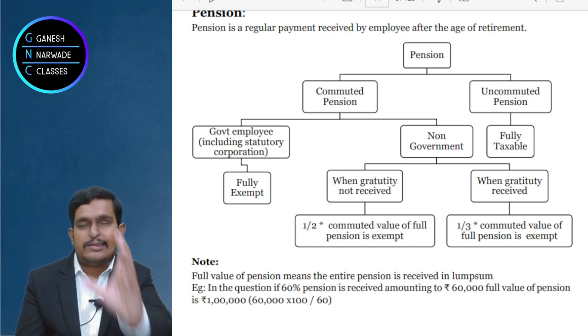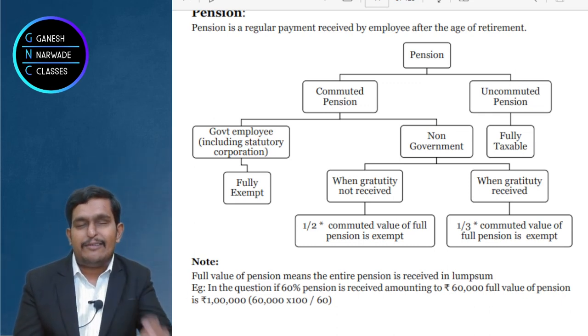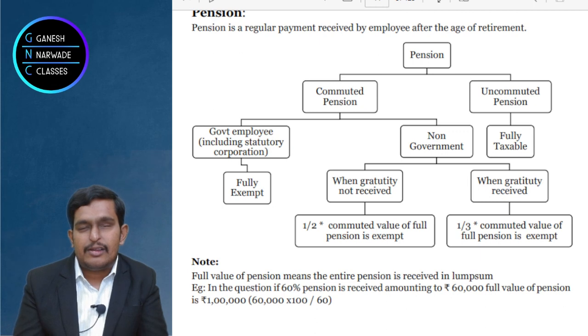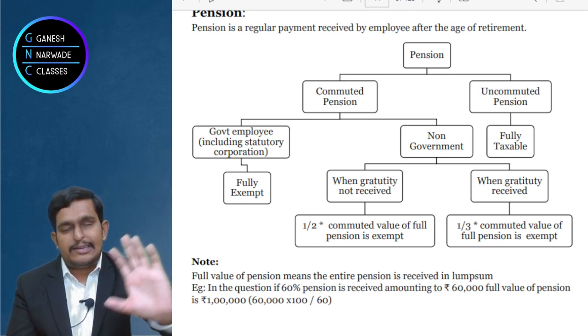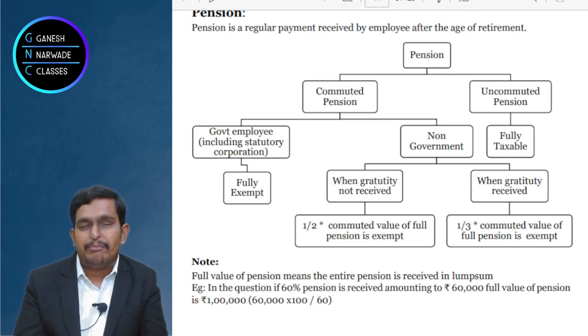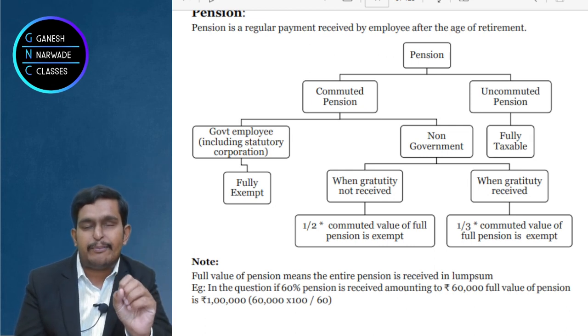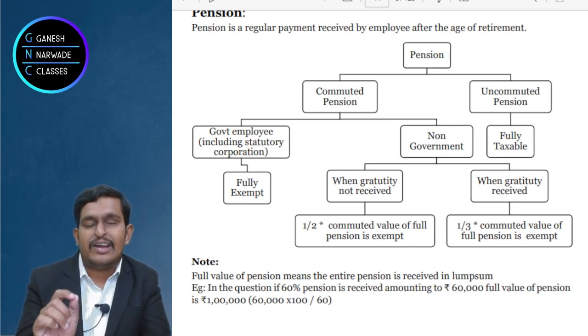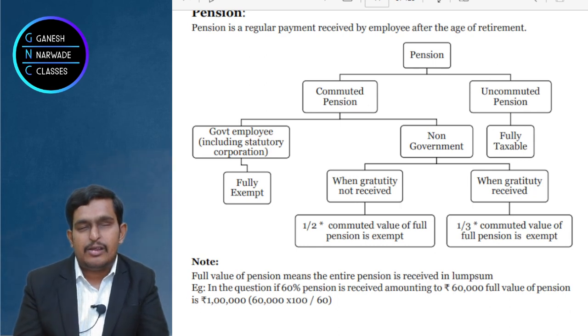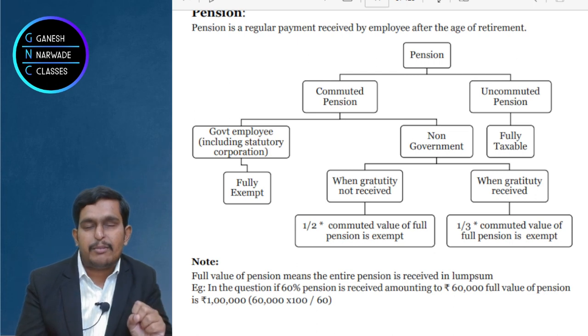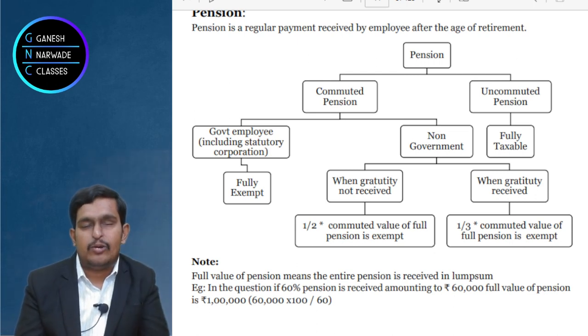Suppose your pension was 10,000 and 75% is commuted. That commuted taxation we discussed. But after commutation, your monthly pension will not be 10,000. It would be 10,000 into 25%, that is 2,500, which will be taxable. So 75% is gone. You actually sacrificed it for some lump sum amount. That you should keep in mind. Okay, this way we understood everything.